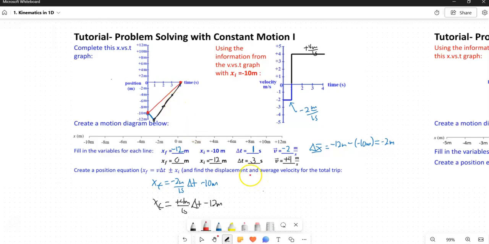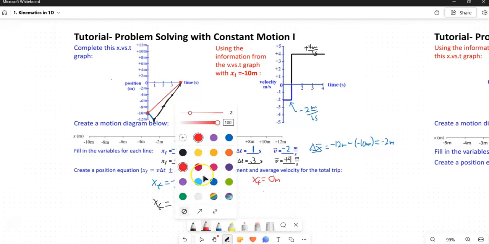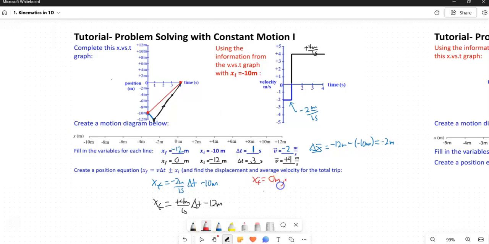So I'm going to do this. X final is going to be 0 meters. X initial, it started out for the whole trip at negative 10. And so for the whole trip, delta t was 4 seconds.